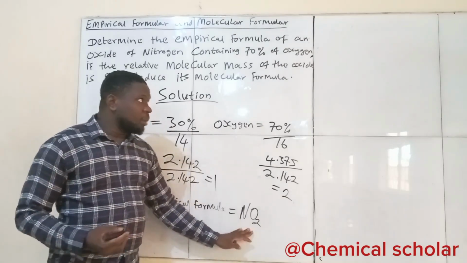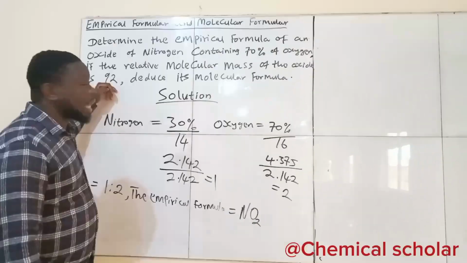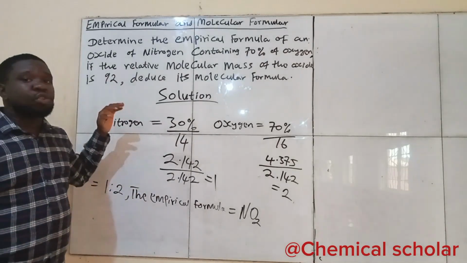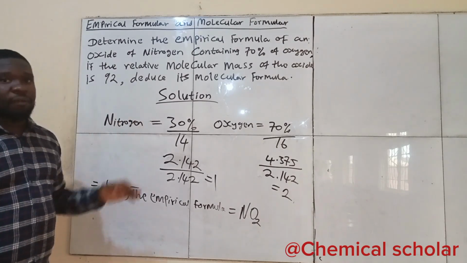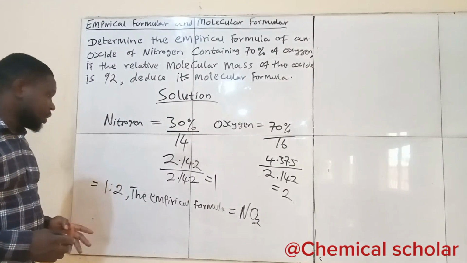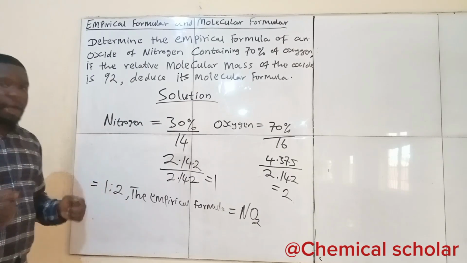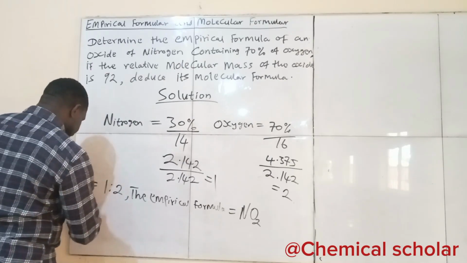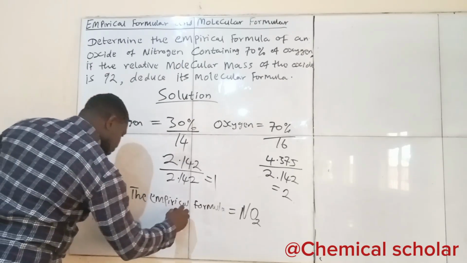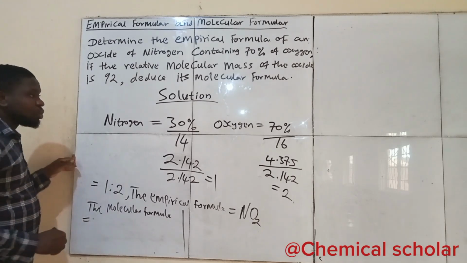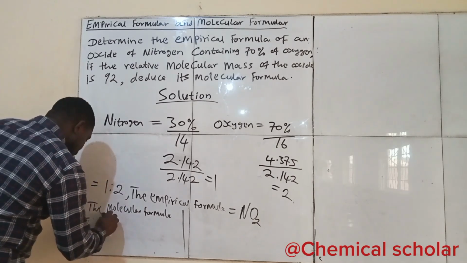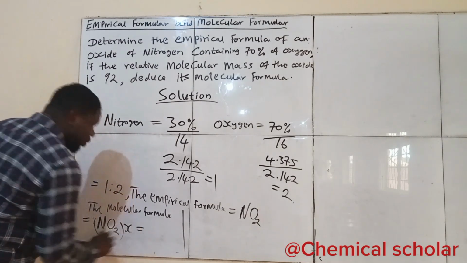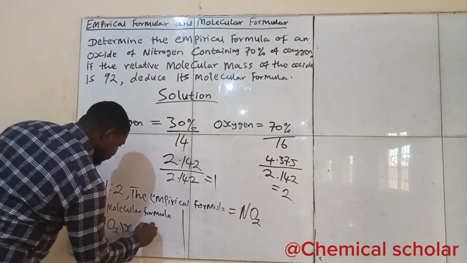Now that we have the empirical formula and we are given the molecular mass to be 92, we need to solve for the molecular formula using the information we have. So the molecular formula will be equal to NO2 in bracket x, equal to 92.